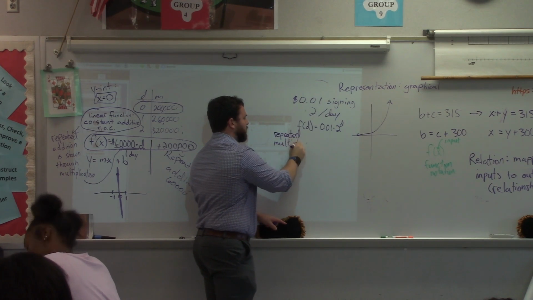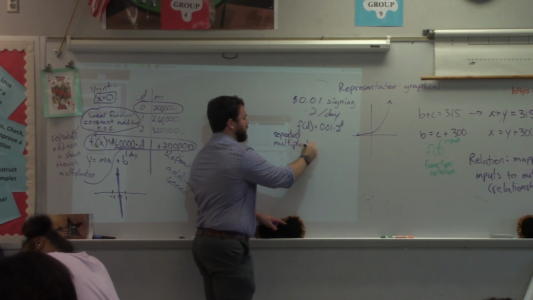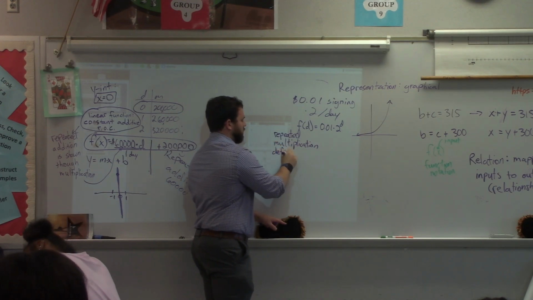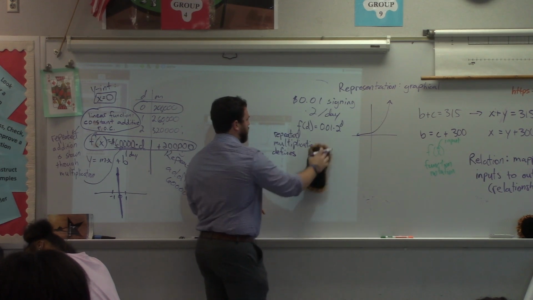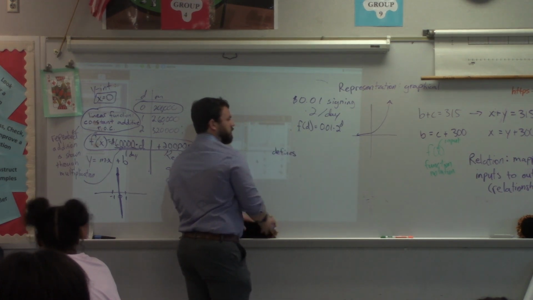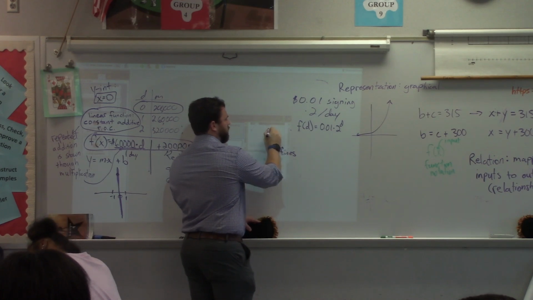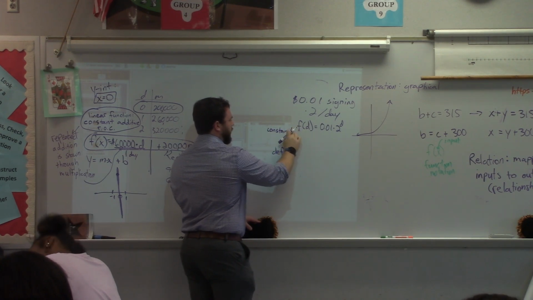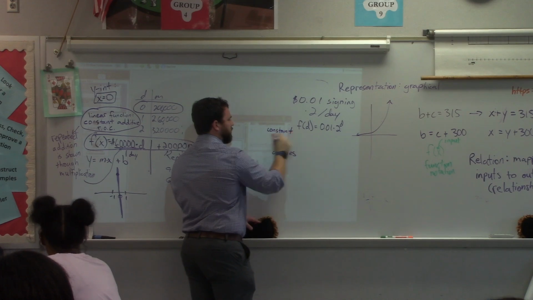And Sarah, how do we show repeated multiplication in an equation? How do we, with an exponent, right? So constant, does anyone remember that fancy word I introduced at the end?